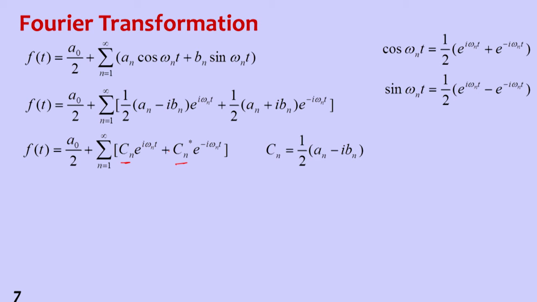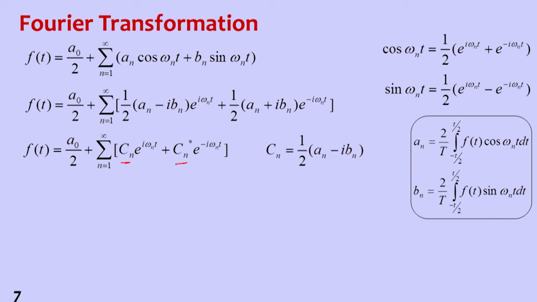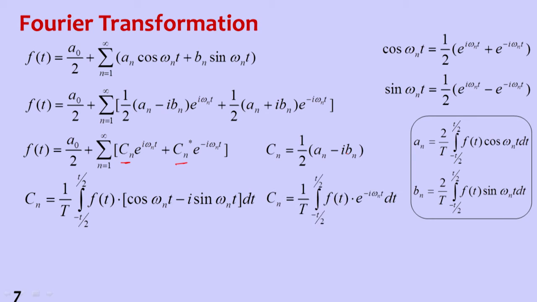Both can be added and represented in the form of Cn equal to 1 by 2 (An minus iBn). Okay, so iBn is the imaginary part. An and Bn we already know. So if we substitute An and Bn in this equation and evaluate it, we get the Cn value.